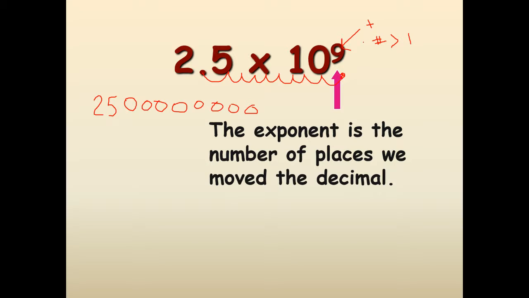So if the exponent is positive, that means the number was greater than 1. That's the reason why we move the decimal to the right whenever we rewrite it. So that's going from scientific notation back out of scientific notation.